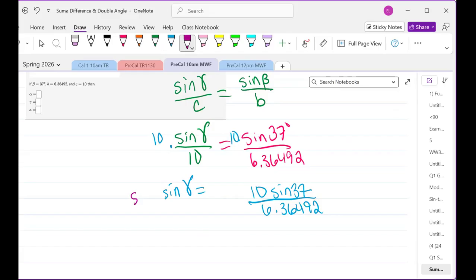To get rid of sine, we use the inverse of sine. So we're applying that on both sides. So I'm going to type in that calculation. Now, I need to make sure I'm in degree mode.